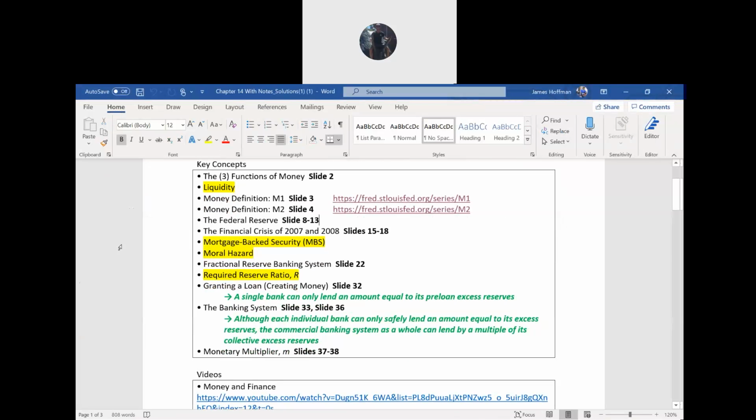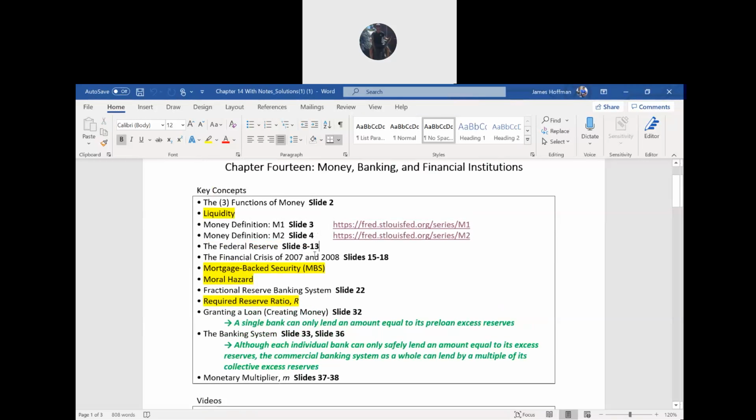Okay, so let's talk briefly. We have a few slides, and we could spend a lot more time on this, but we're not going to in this class. But I want to talk briefly about the recession before this one, the financial crisis of 2007 and 2008.